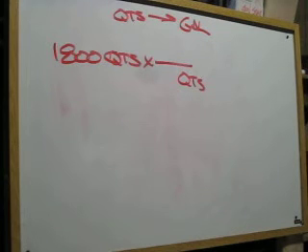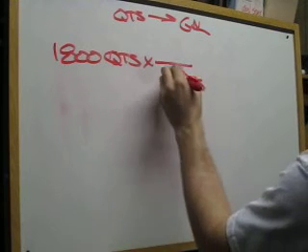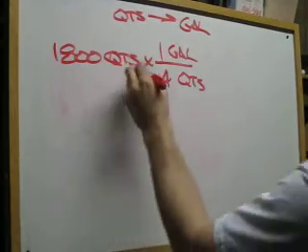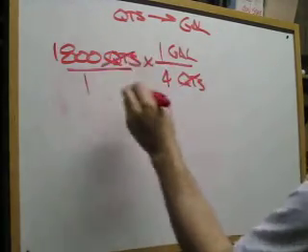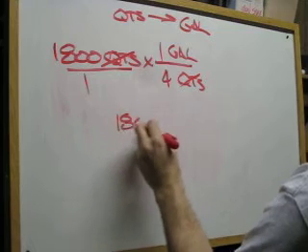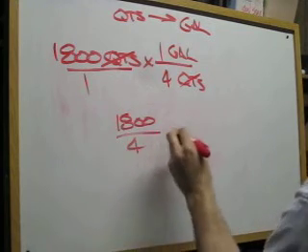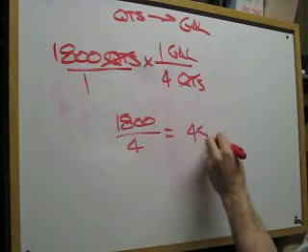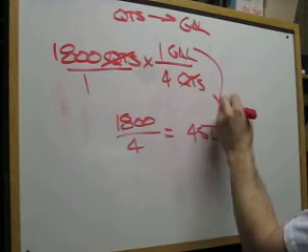And let's see, do we know anything about quarts and gallons? Well, if you look on page 582 middle, we know that 1 gallon is 4 quarts. So put that over 1, cross out our quarts, 1,800 divided by 4 gives us what we're looking for, 450 gallons.